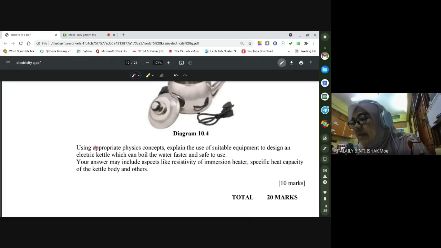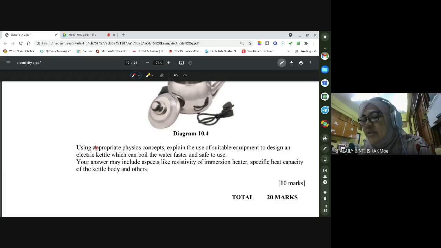And number 5, higher power of immersion heater produces more energy. When we have higher power, it will produce more energy, in this sense heat energy. So I repeat, higher resistivity produces more heat.